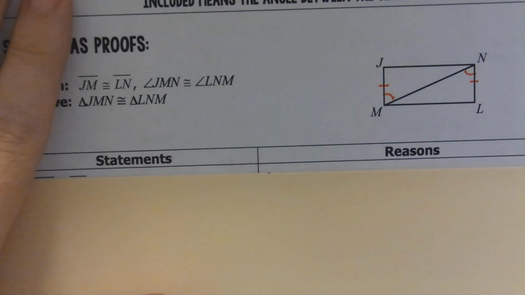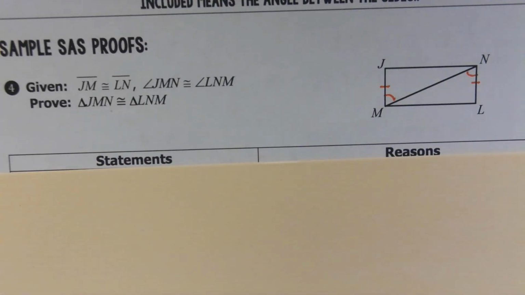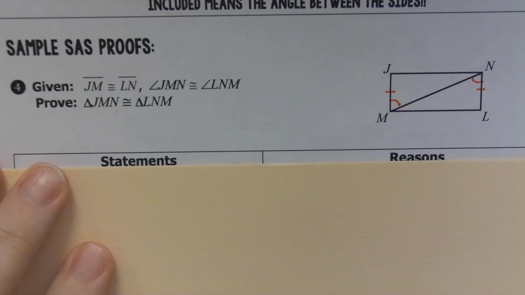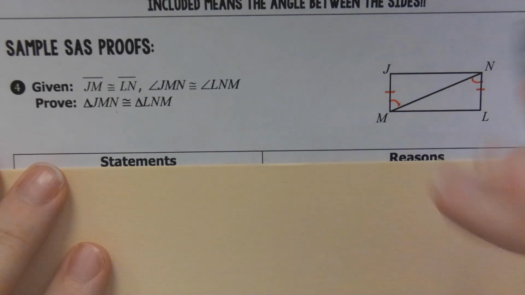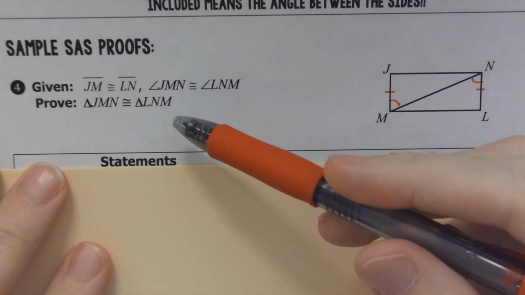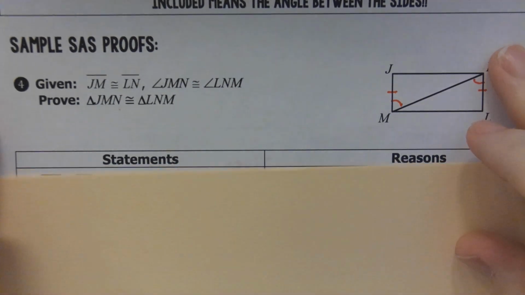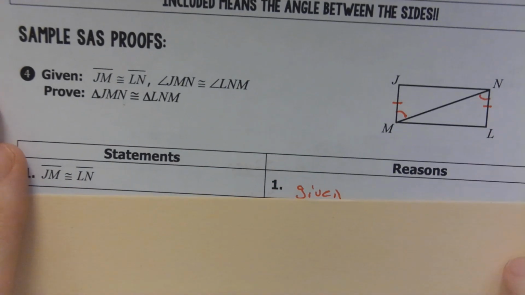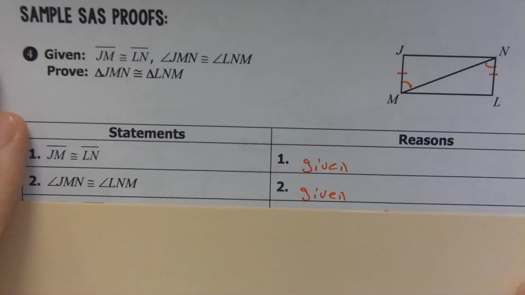So now if I look at these proofs, same idea. We have to look at our givens and what we're trying to prove. Okay, so we write down our givens. We've got two of them here.